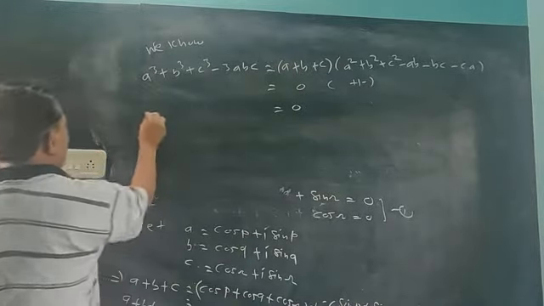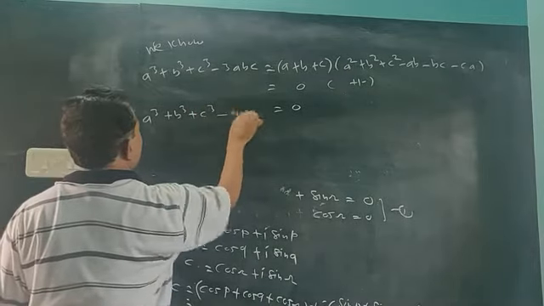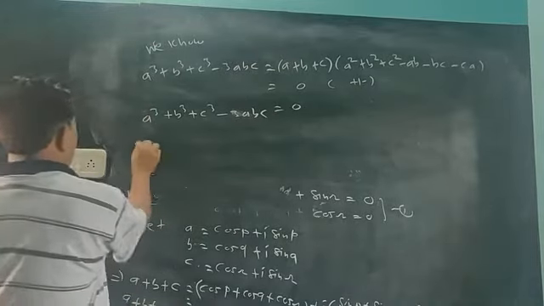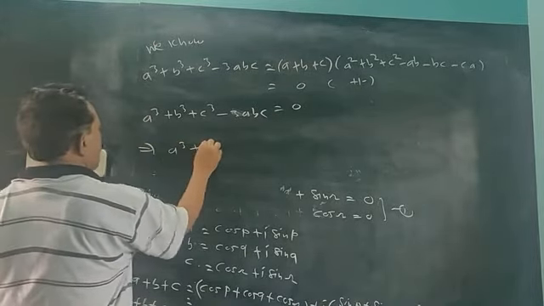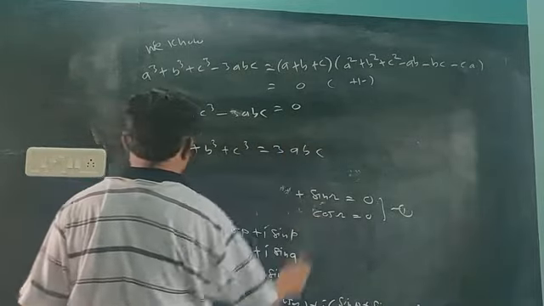So here we get a cube plus b cube plus c cube minus 3abc equal to 0. That means a cube plus b cube plus c cube equals 3abc.